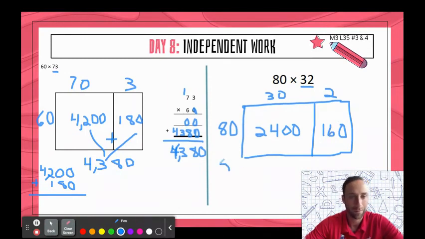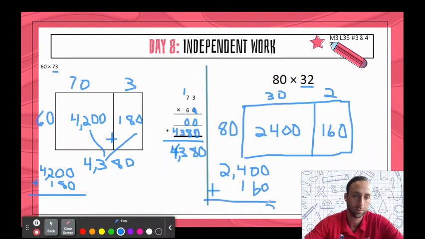Let's add them up here. 2,400 plus 160. One, two, three.